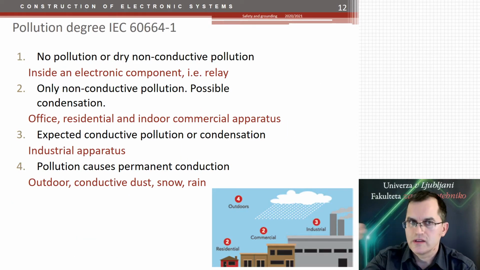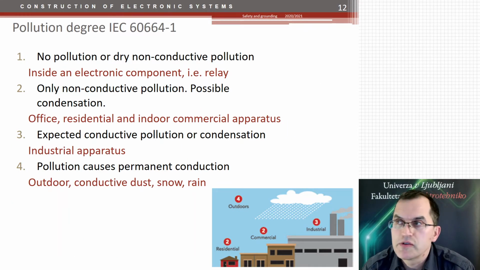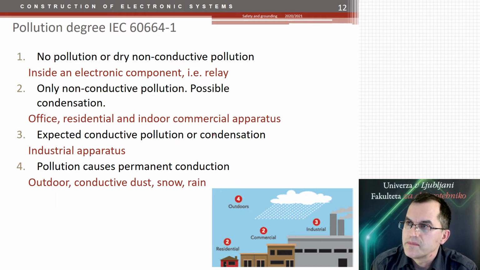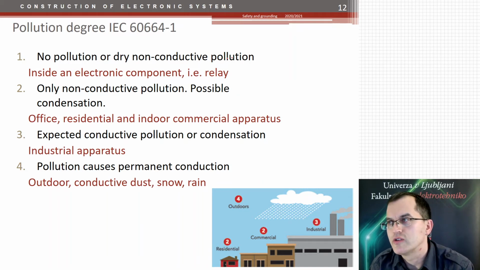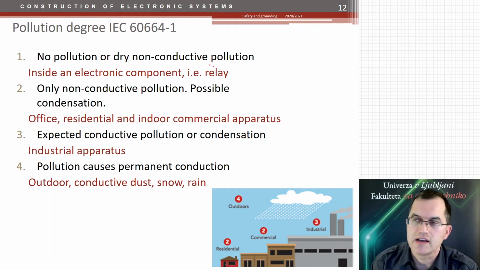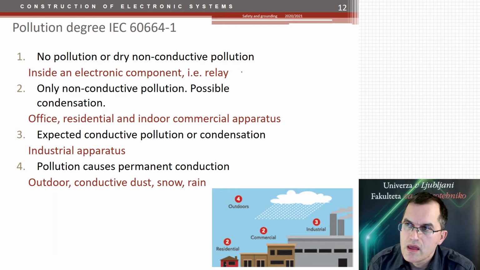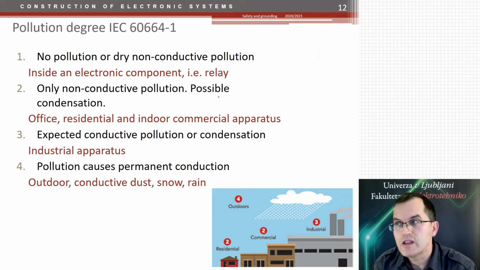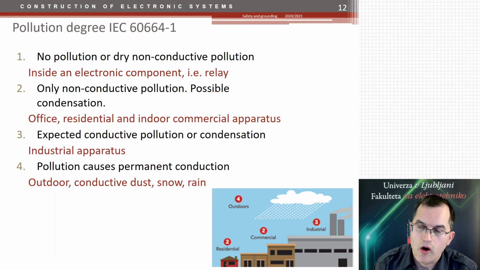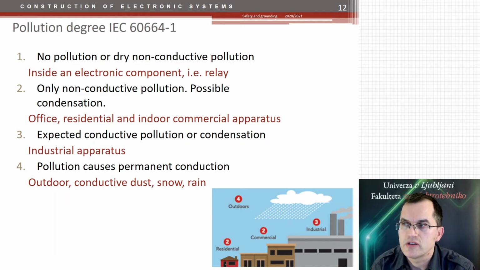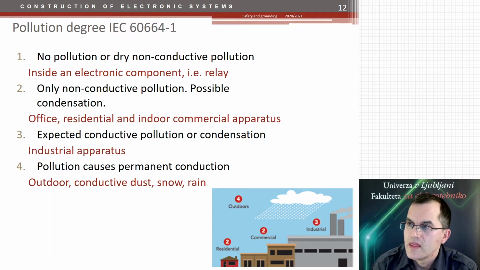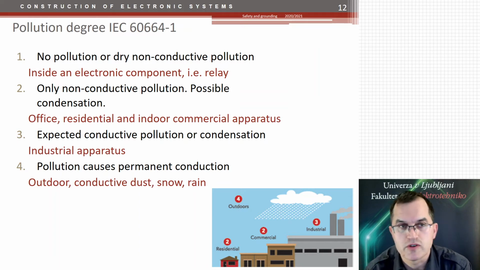Okay, let's go through each of these terms. The pollution degree is defined in the standard here, and it defines four levels of pollution. Level 1 would be no pollution, or dry non-conductive pollution, such as inside some circuit components. Level 2 would be non-conductive pollution only, with some possible condensation, such as office devices, residential or indoor commercial apparatus. Level 3 would be industrial apparatus, where conductive pollution is expected.